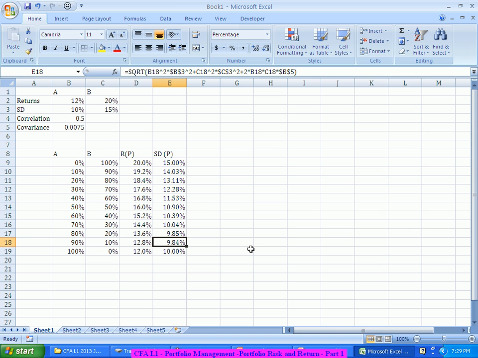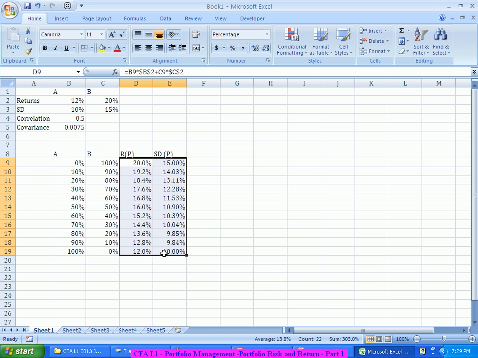Right? So what we are saying is, now when I try to plot the graph between these two, taking the risk on the x-axis and returns on the y-axis, for different combinations, we just took a gap of 10%, but I can take a gap of 1% or half a percent.